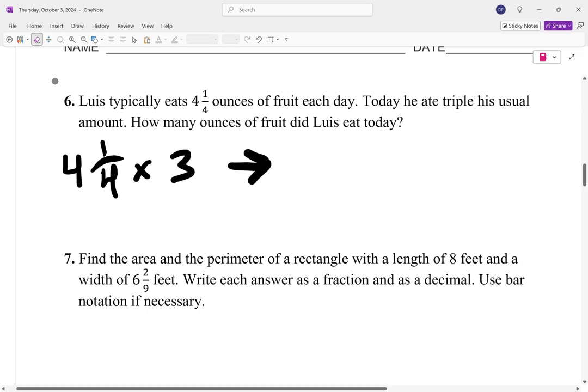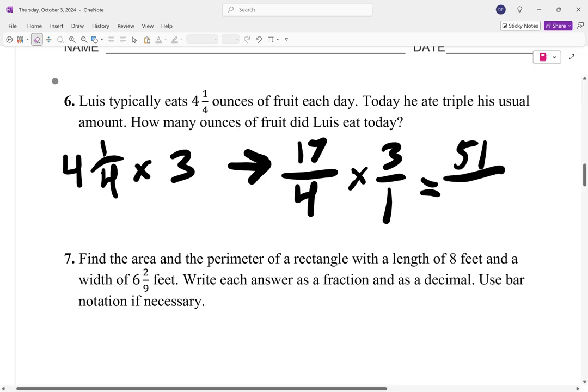Right, and so improper is, what, 17/4? Yeah. Okay, 17/4. And you can also turn 3 into a fraction and make it 3 over 1. Okay, can we reduce any of these things? No, I don't think so. So 17 times 3 is 51, and 4 times 1 is 4.